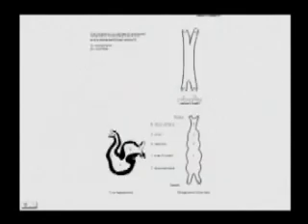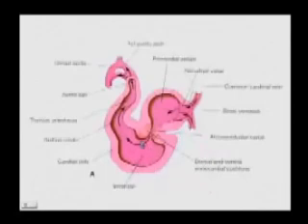So let's go back to catch up. Here would be the common cardinal veins into the sinus venosus, into the primordial atrium. The atrioventricular canal would be here. This would be the ventricle. So we see the ventricle, and now the next part is the bulbus cordis, leading into the truncus arteriosus, and finally the aortic sac, where the pharyngeal arch arteries are branching.